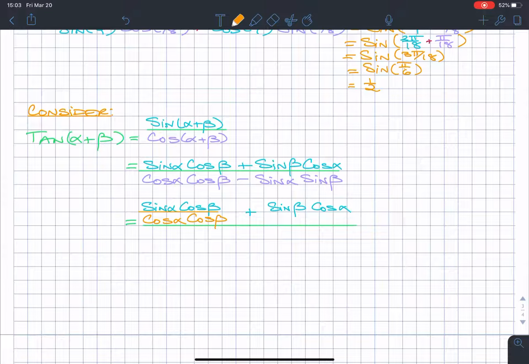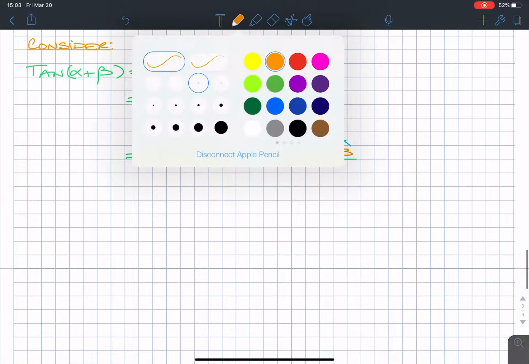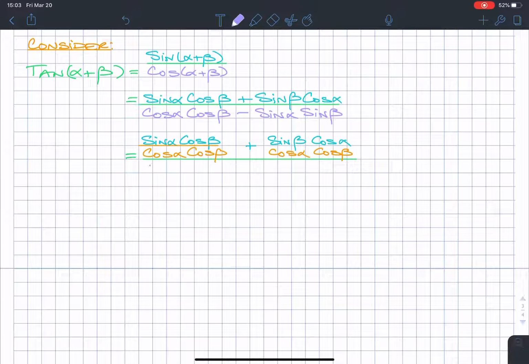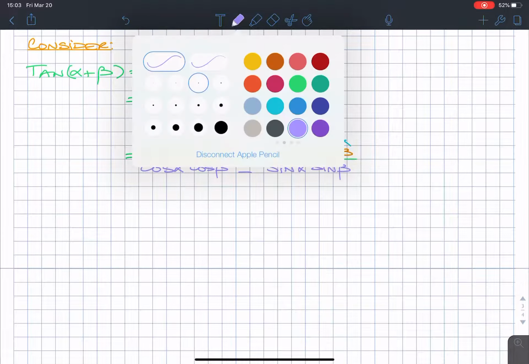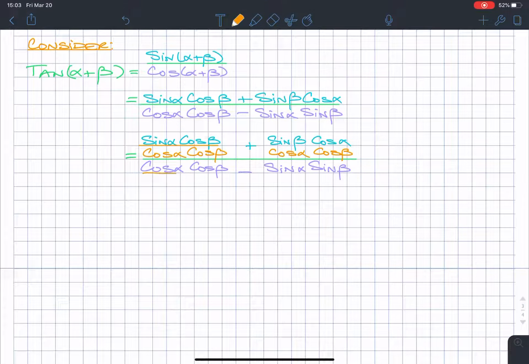And I'm going to do the same in the denominator. So I have cosine alpha, cosine beta, minus sine alpha, sine beta. Whatever I do in the numerator, I have to do in the denominator. So basically I have to divide all four terms by the same quantity, namely cosine alpha, cosine beta.